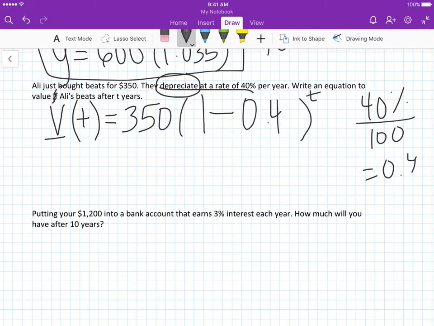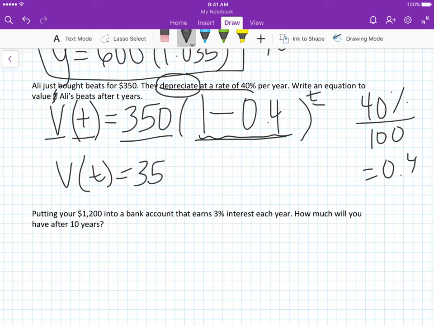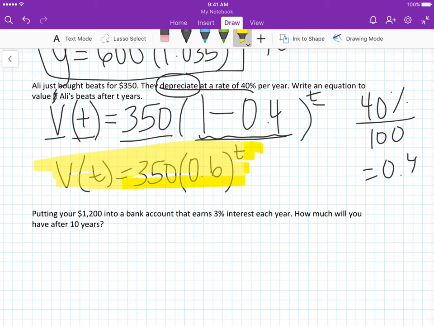So the value in terms of time starts at 350, loses 40% every single year. And then I'm just going to combine this here. So V of t equals 350 times 0.6 to the t power. And this makes sense to me because if I'm losing 40% of something every year, then what I'm actually keeping is 60%, 0.6. And so I'm done here.